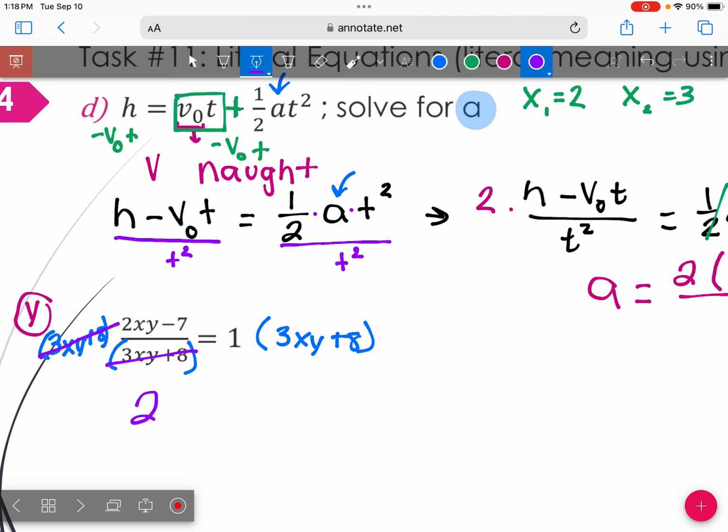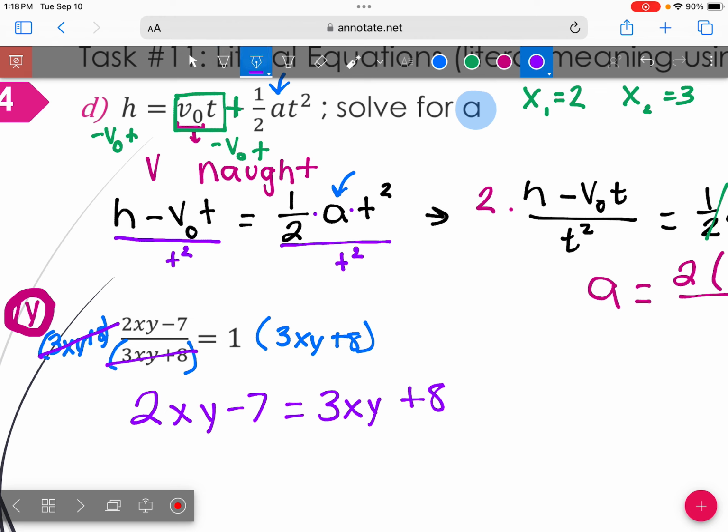So we have 2xy minus 7, 3xy plus 8. Okay, already less gross because it's not fractiony anymore. We are solving for y. I wrote it over here. We're solving for y. So what should we do?